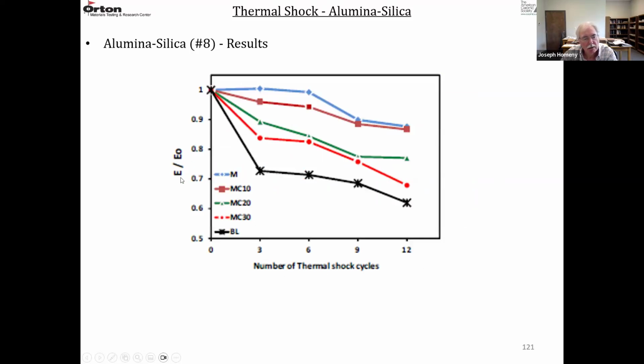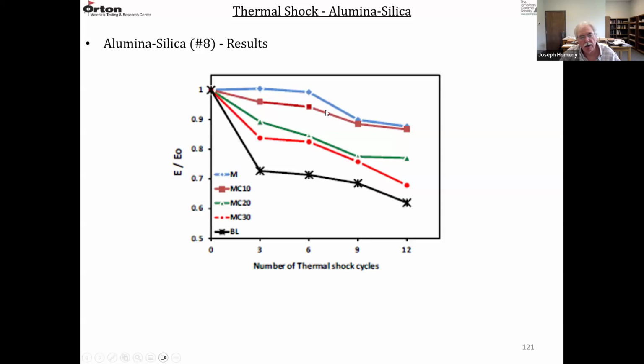And they also plotted elastic modulus over the initial elastic modulus E0 as a function of the thermal shock cycles. And same trend as for strength, the black curve here with the stars was for corundum. So after 3 cycles, it fell off significantly. And then the blue curve, all mullite, had some damage, but it didn't have a significant drop in the modulus.